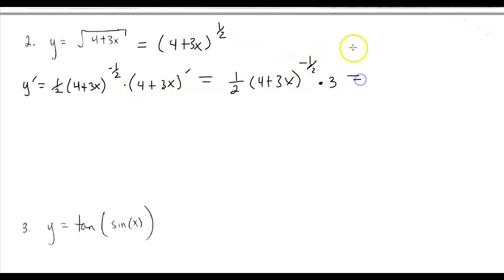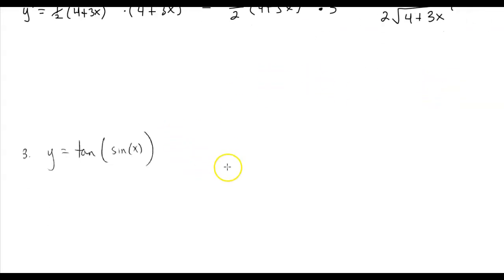So our final answer here, putting it back in root form, is going to be 3 divided by 2 times the square root of 4 plus 3x. And again, that's our final answer. 3 times 1/2 is 3 over 2. And of course, 4 plus 3x raised to the negative 1/2 is the same as 1 divided by the square root of 4 plus 3x.